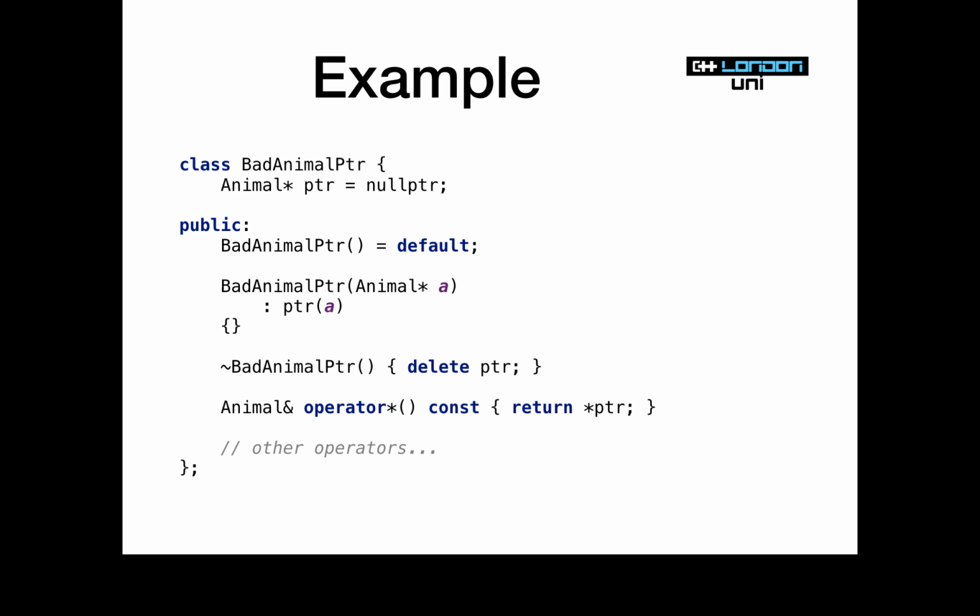If we wrote const BadAnimalPointer equals something, we could still dereference that. In the body of this, because it's const, it behaves as if we'd written const there. There's a const pointer to a non-const object.